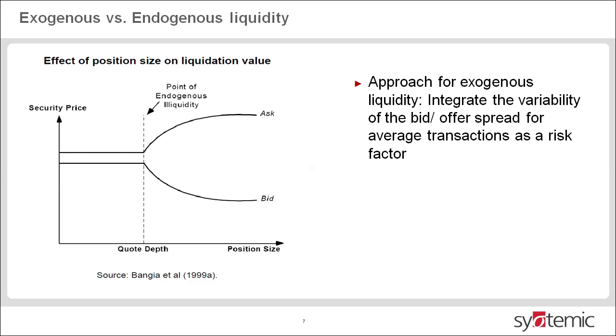So this factor will also have its own volatility and its own correlation with each other factor, and it will be included in value at risk calculations, which will not only take into account potential movements of the mid price, which is typical for all value at risk systems, but by introducing this, the value at risk will also take into account potential widening of the bid-offer spreads.